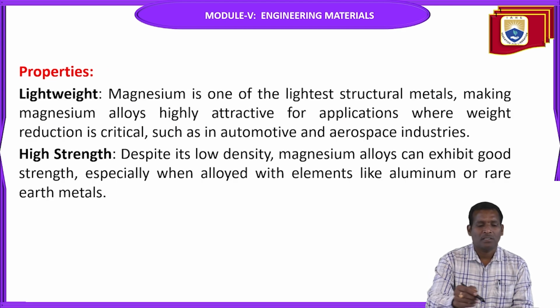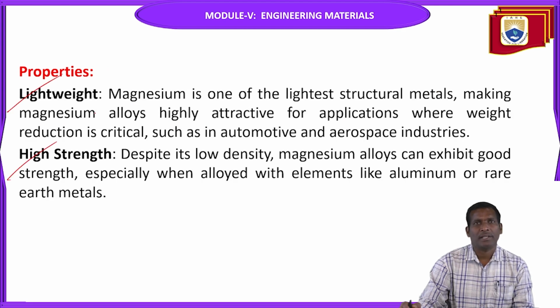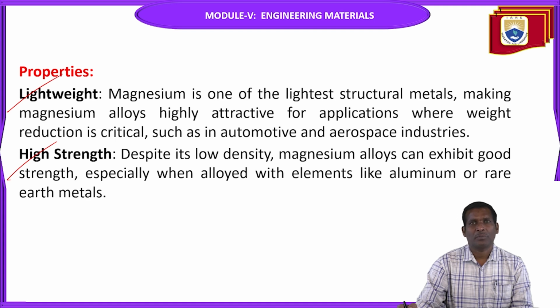The properties are lightweight and high strength. Magnesium is one of the lightest structural metals, making magnesium alloys highly attractive for applications where weight reduction is critical, such as in the automotive and aerospace industries.